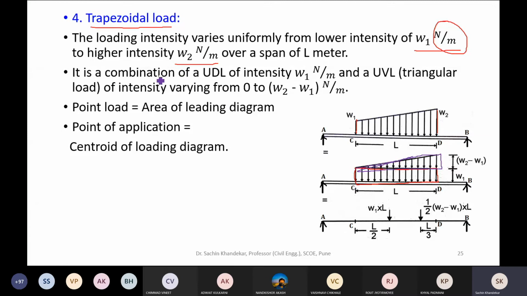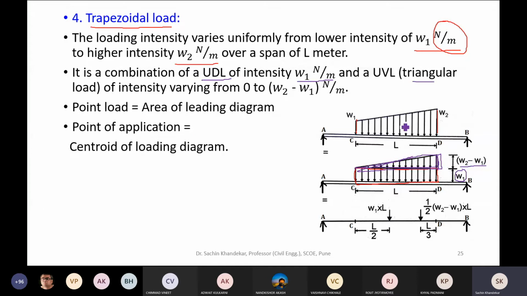It is a combination of a UDL of intensity W1 Newton per meter, and a uniformly varying load, that means a triangular load of intensity varying from 0 to the difference W2 minus W1.